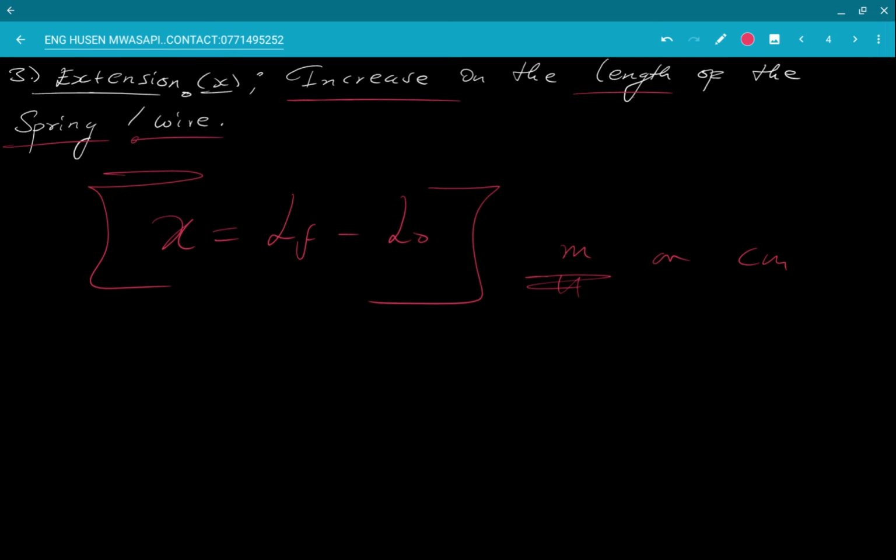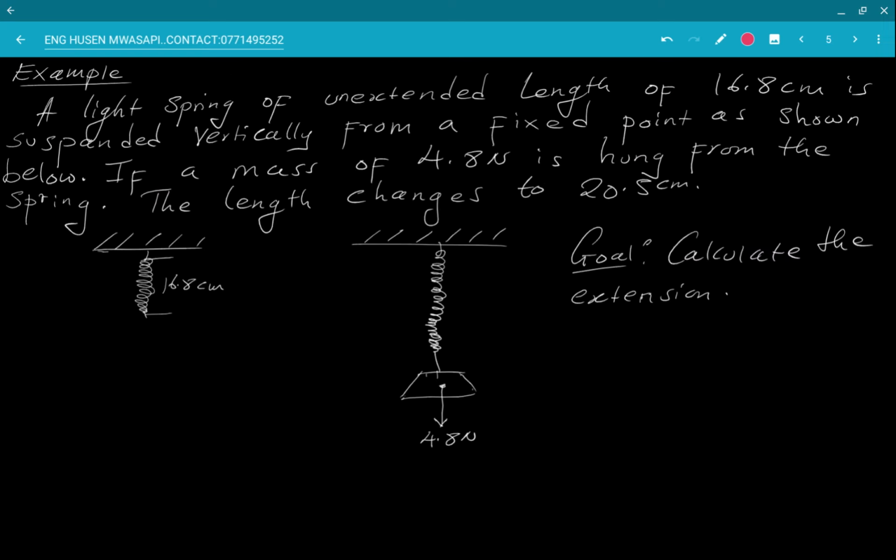Alright, to easily understand what extension is, we can look at an example that relates to this. Say a light spring of an extended length of 16.8 centimeters is suspended vertically from a fixed point as shown below. If a mass of 4.8 is hung from the spring, the length changes to what? 20.5 centimeters.